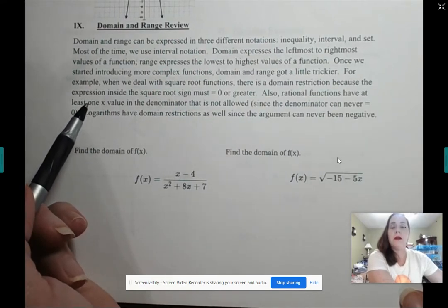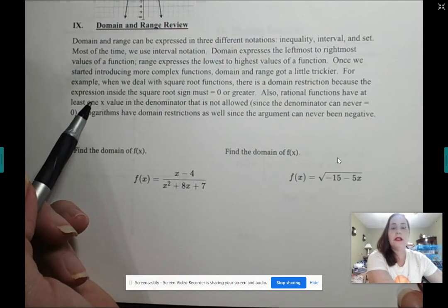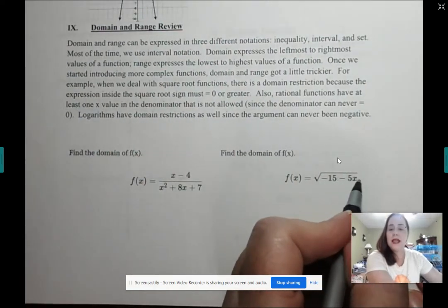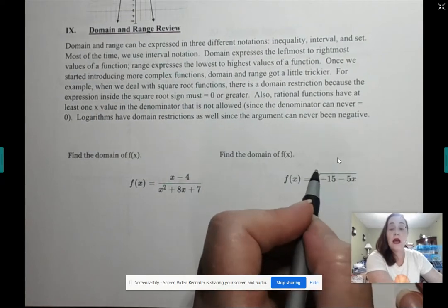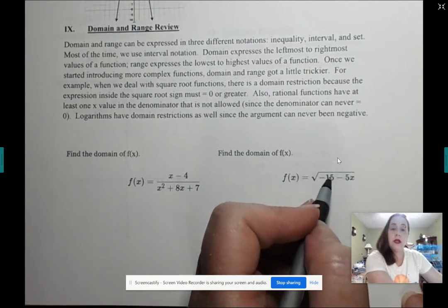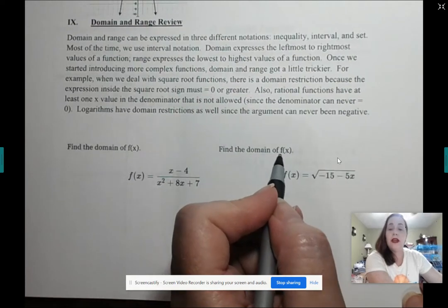Once we got more complex functions introduced in Algebra 2, domain and range sometimes was a little trickier. For example, square roots. We have limits. What's inside the radical has to stay real, so it has to not ever fall below 0. So what do we do when we have a square root function and they're asking us for the domain?